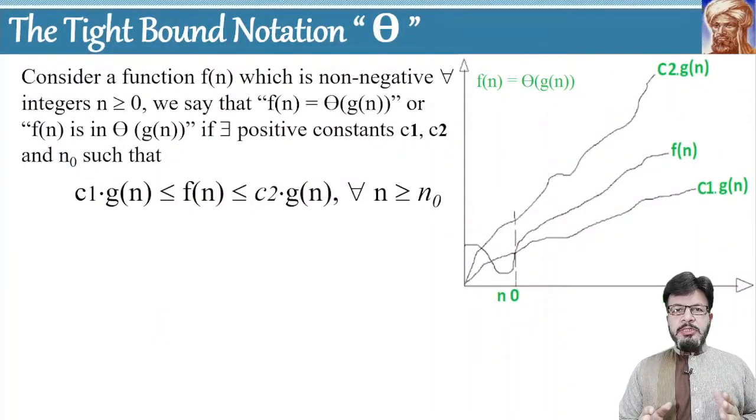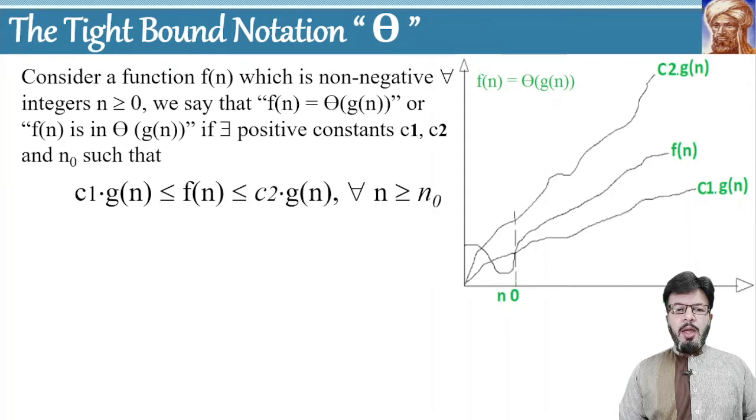Our next definition is for theta notation, also known as the tight bound notation. Consider a function f of n which is non-negative for all integers n greater than or equal to 0. We say that f of n is equal to theta of g of n, or f of n belongs to theta of g of n, if there exist positive constants c1, c2 and n0 such that c1 multiplied by g of n is less than or equal to f of n, and f of n is less than or equal to some other constant, that is c2 multiplied by g of n, for all n greater than or equal to n naught.